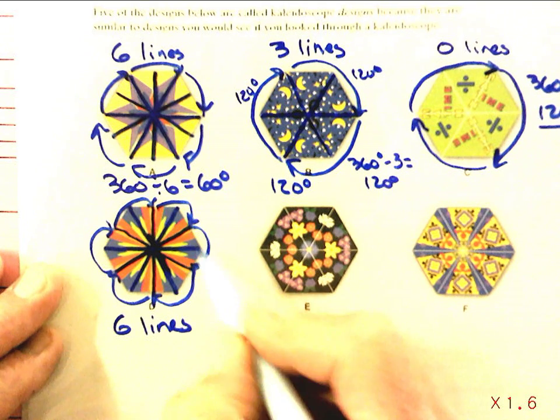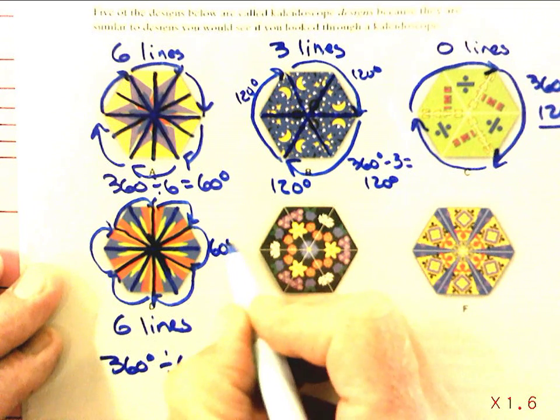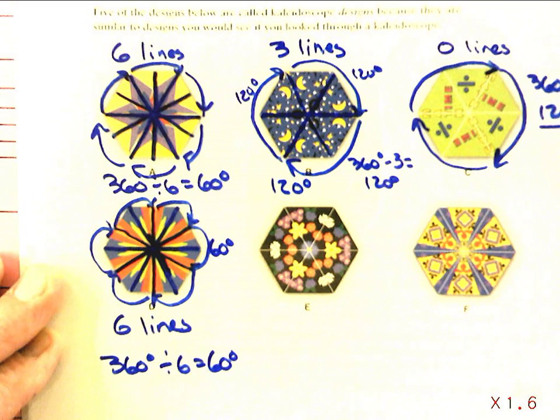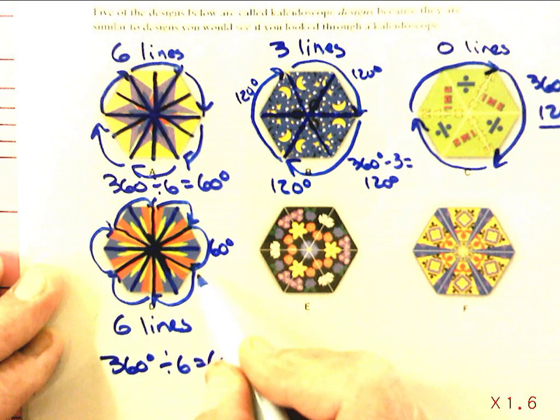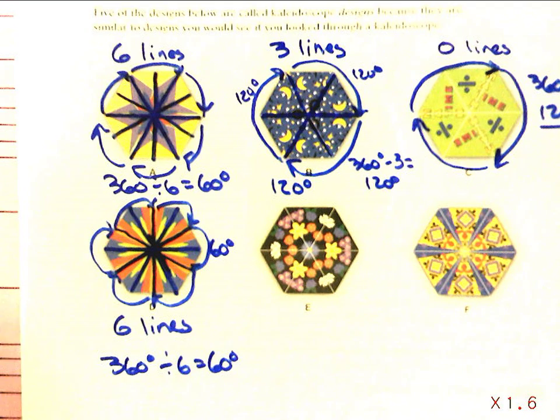And then I have the 6 rotations, 360 degrees divided by 6, or 60 degrees for each of these rotations. So I have 60 degree rotation symmetry, and I have 6 lines of reflection symmetry for image D.